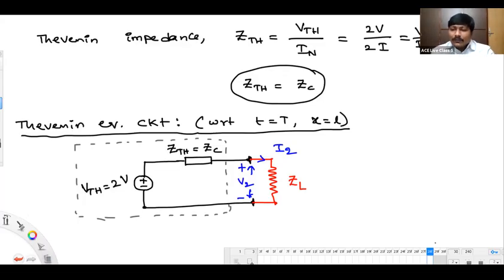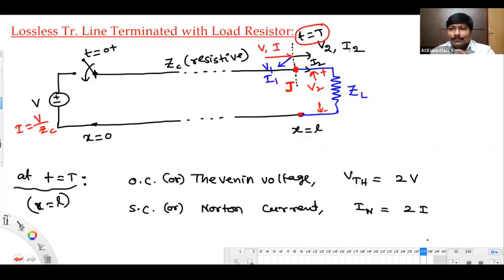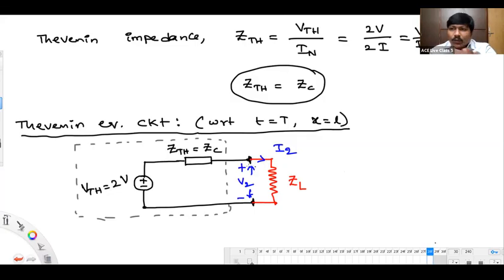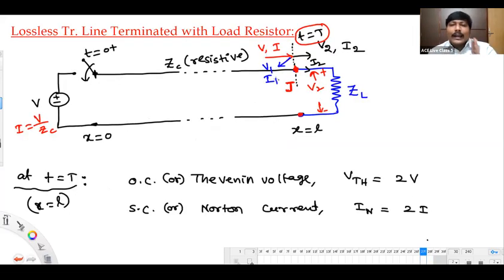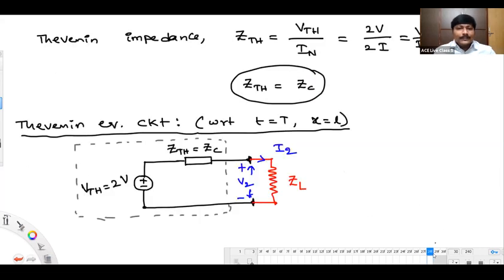Reflected quantity will be equal to refraction minus incident. This circuit, whatever you constructed, is used to find only V2, I2. After getting V2, I2, we should get back to the original one and get V1, I1 as refraction minus incident. Okay?